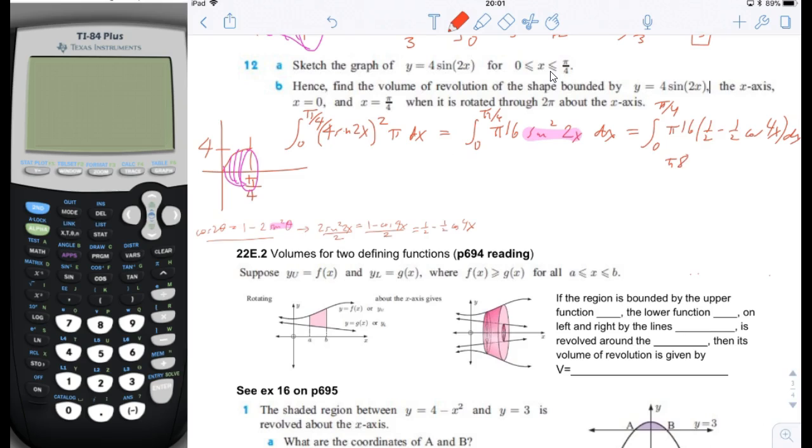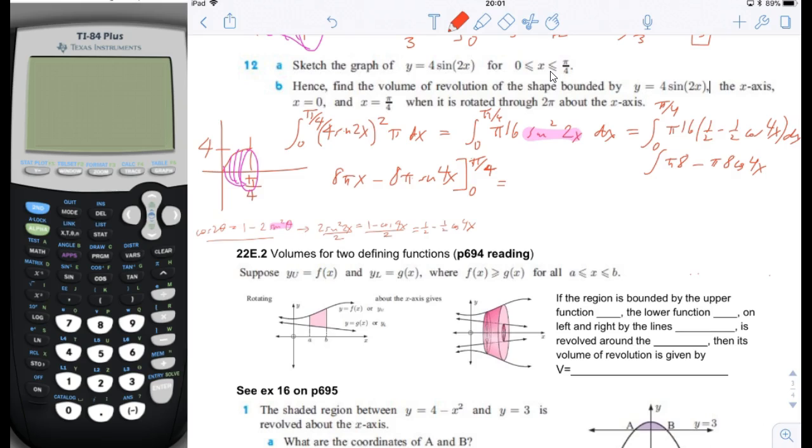It'll be pi times 8 minus pi times 8 cosine of 4x. I'm going to take the integral of that. The integral of 8 pi is 8 pi x, and the integral of 8 pi cosine 4x is 2 pi sine of 4x. Then I'm going to evaluate from 0 to pi over 4.